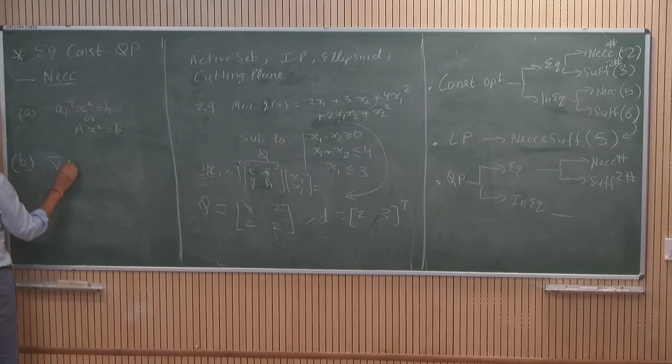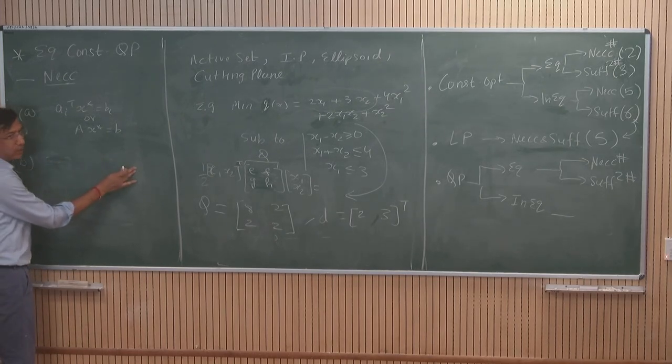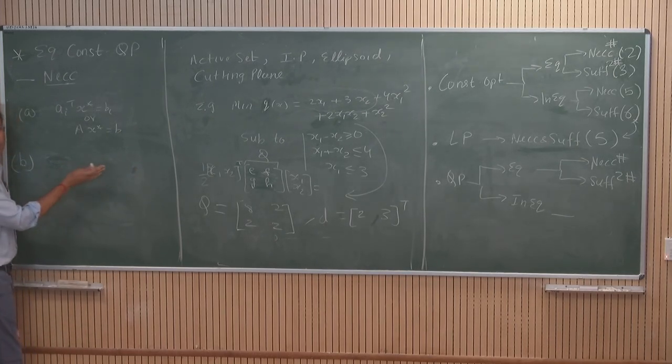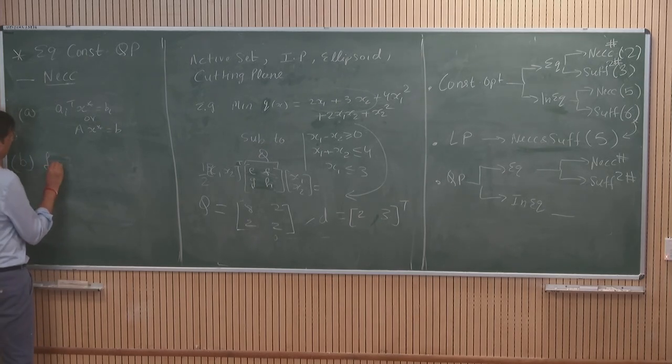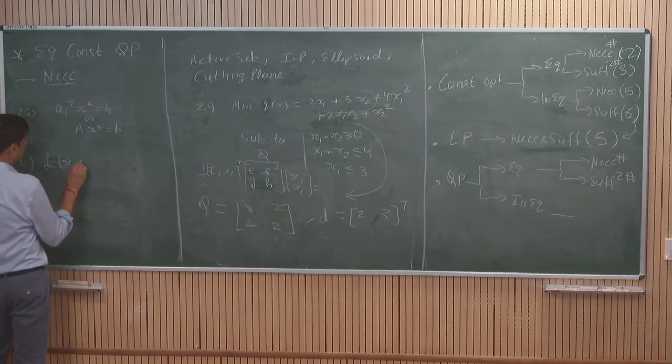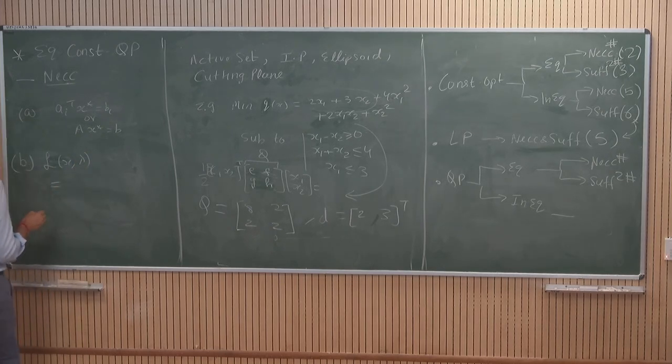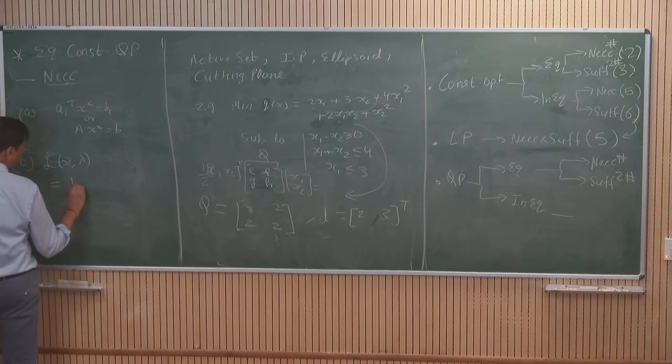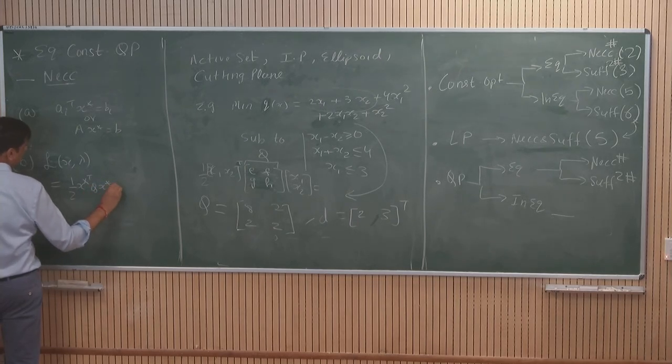And the second condition was the gradient of the Lagrangian with respect to x is equal to 0. You can write it both ways. The gradient of the function is a linear combination of the gradient of the constraints. So if I have to write the Lagrangian for this, that would be half of x star transpose Q x star plus x star transpose d minus lambda star transpose (A x star minus b).